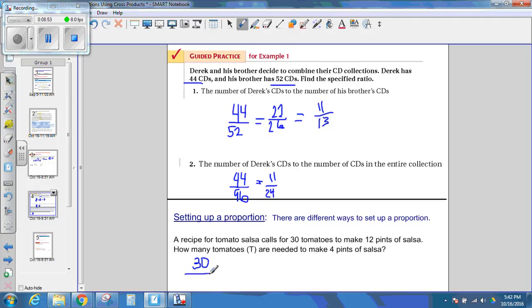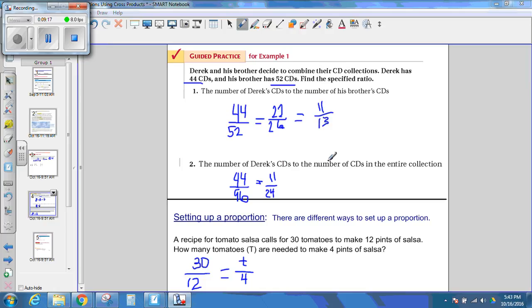So we need to solve for t. So 30 to 12, 30 tomatoes to 12 pints of salsa. We have x, or oopsies, I'm supposed to use t. T tomatoes to 4 pints of salsa.